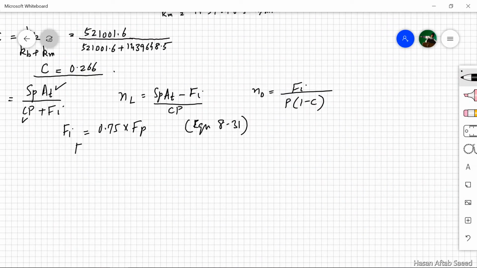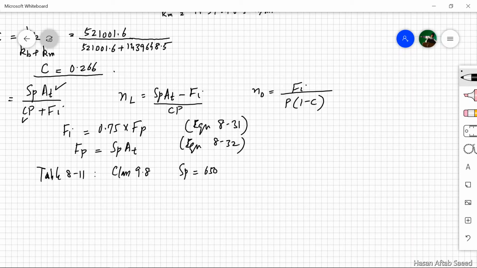And what about Fp? Fp is a function of proof strength multiplied by the tensile stress area, and this is equation 832. Now proof strength, we know the material, so we go to table 811, and against class 9.8, we read that SP is 650 MPa.